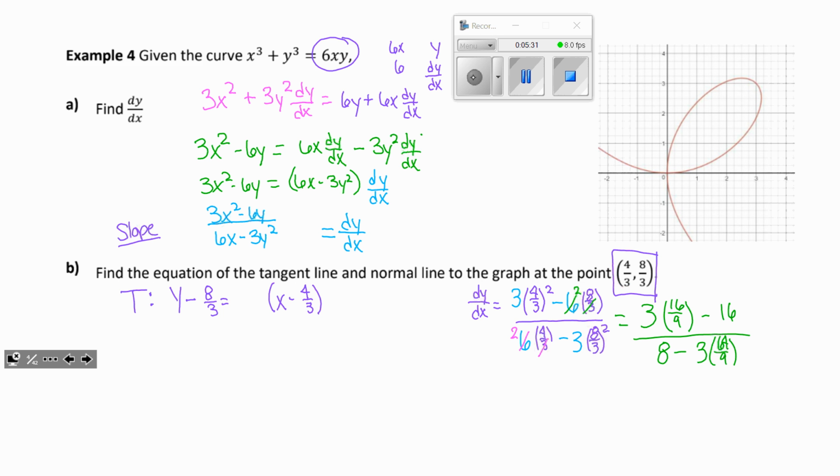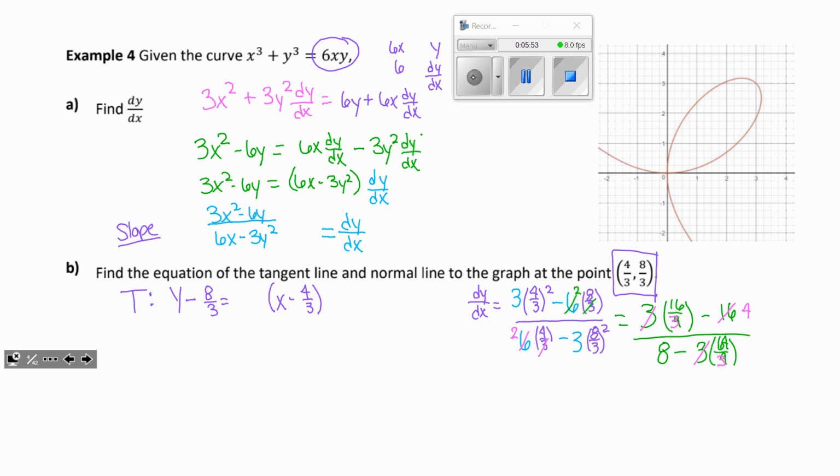So one thing we can do is reduce some of these things. It looks like the denominator is going to reduce a little bit more. So this is going to go away, that's going to be a 3, that's going to go away, that's going to be a 3. So now this is helpful because my denominator is 3. So if I make everything a denominator of 3, I can combine all my terms.